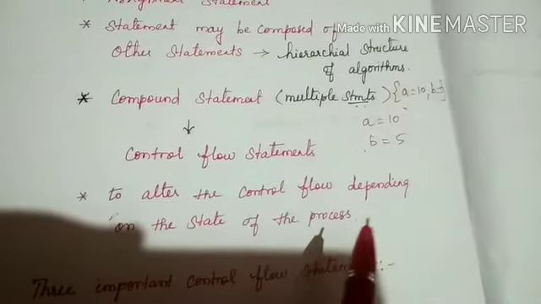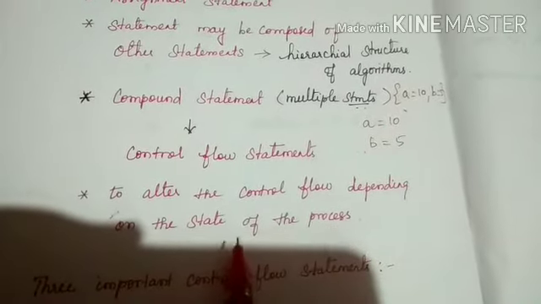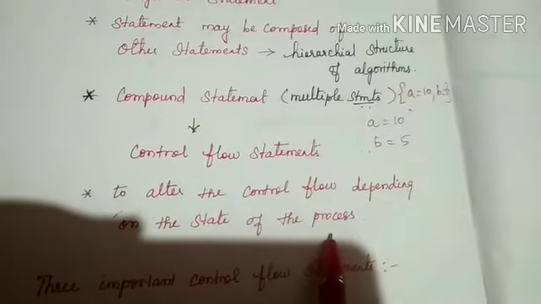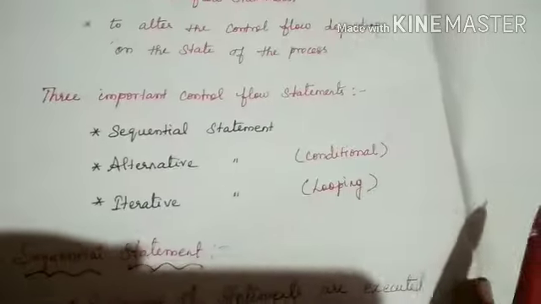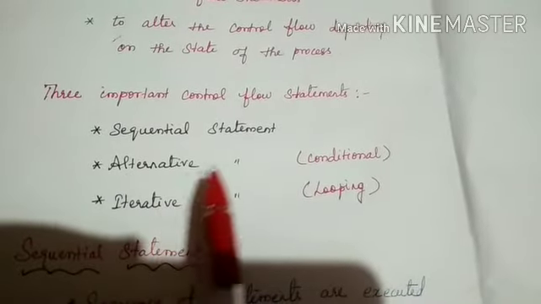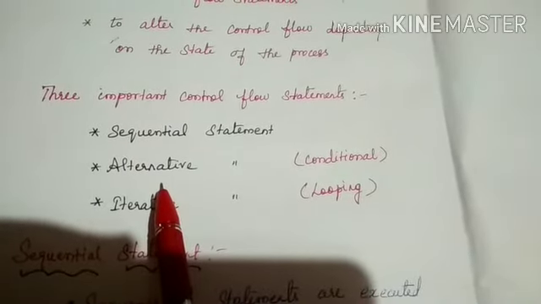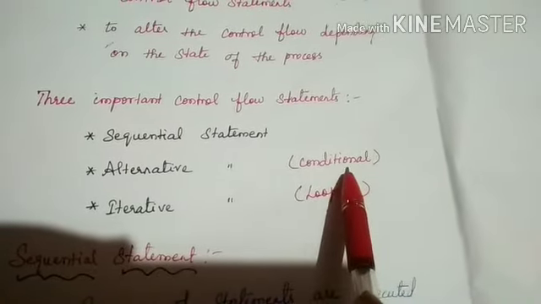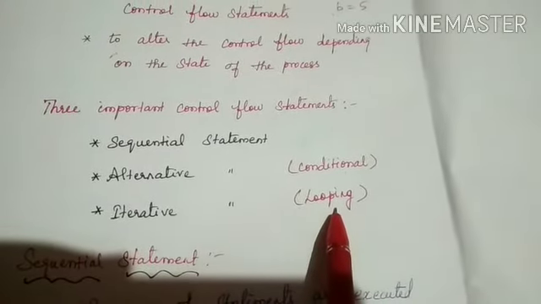It contains three important control flow statements: one is sequential statement, another is alternative statement, and the third is iterative statement. The alternative statement is otherwise called conditional statement. The iterative statement is otherwise called looping statement.